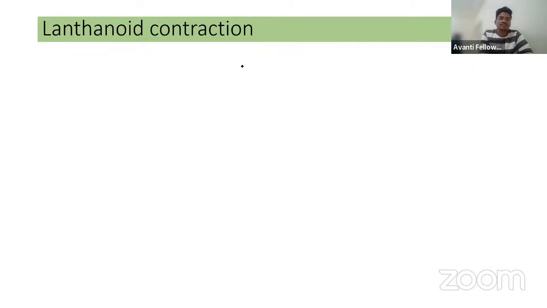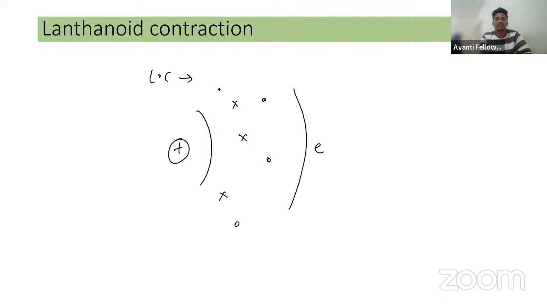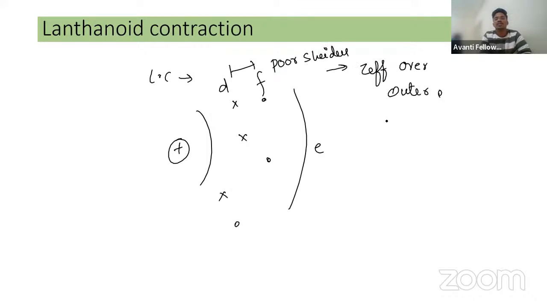So again, I will finally summarize. Lanthanoid contraction is happening because of the poor shielding of d and f electrons. This is the valence shell. Usually these are all poor shielders. Due to the poor shielding, Z effective over the outer electron increases, so the electron is slightly pulled inside.